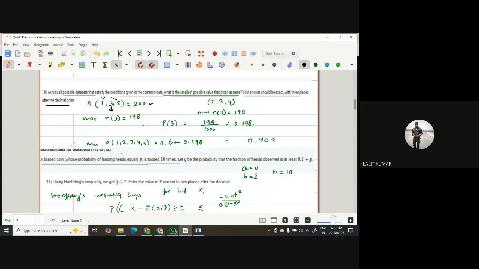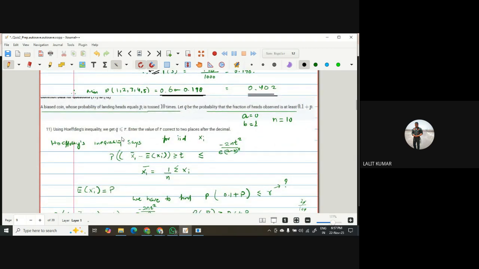So probability of 3 is 198 by 1000. This is the maximum probability of 3 that we are getting from this data. We put this maximum probability of 3 in our earlier expression, and it becomes 0.6 minus 0.198, which becomes 0.402. So this is the smallest value for minimum P.